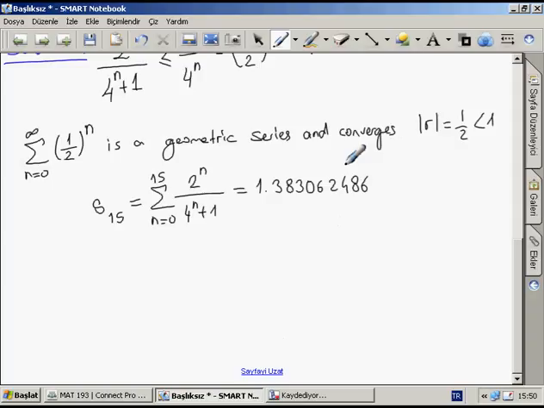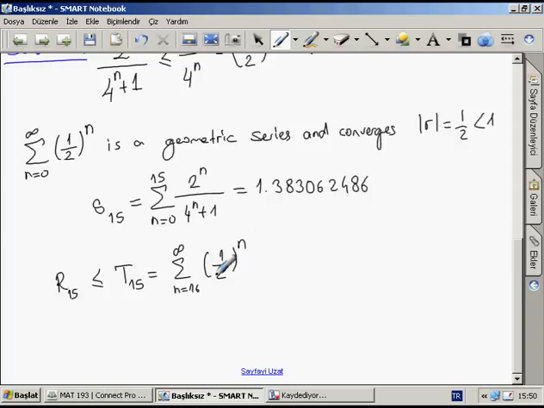So how good is it? Well, we know that R15 is less than or equal to T15, which is for the Bn, and it equals the sum from 16 to infinity of 1 over 2 to the power of n.